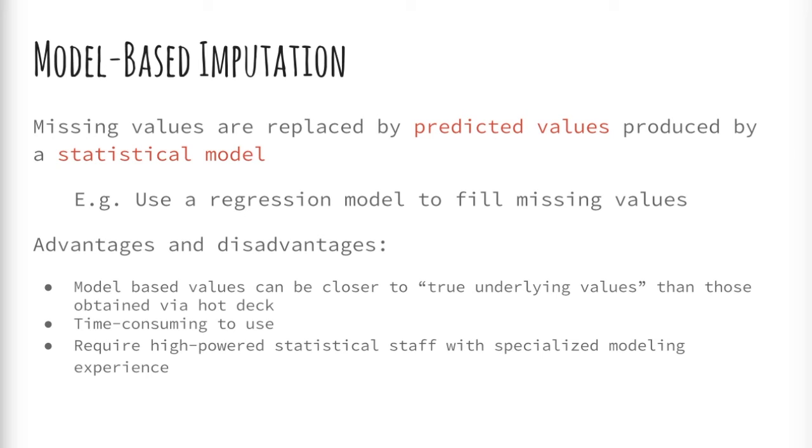A regression model could be used to fill in the missing values. There are advantages and disadvantages to model-based imputation. Model-based values can be closer to true underlying values than those obtained via hot deck. However, it is time-consuming to use and requires high-powered statistical staff with specialized modeling experience.